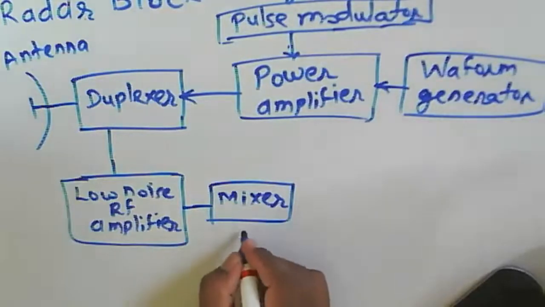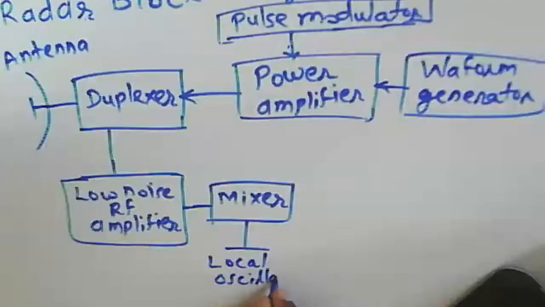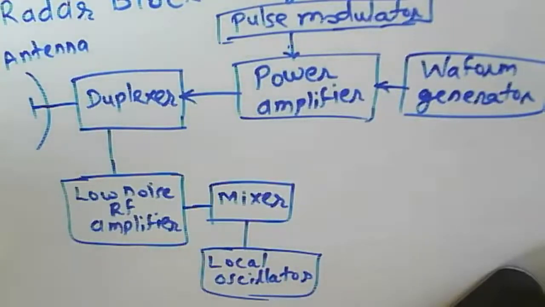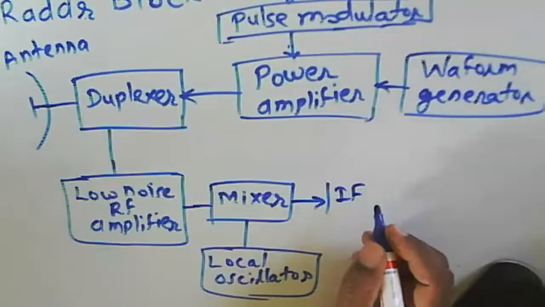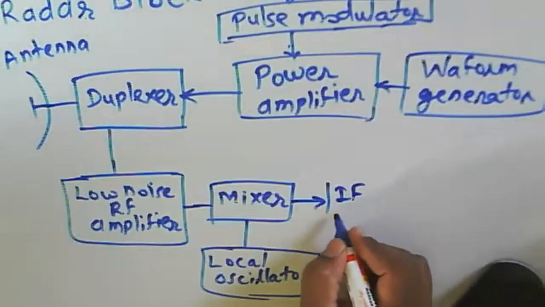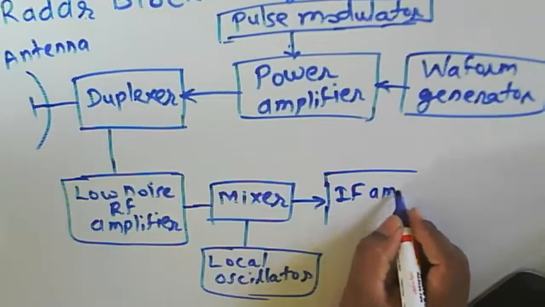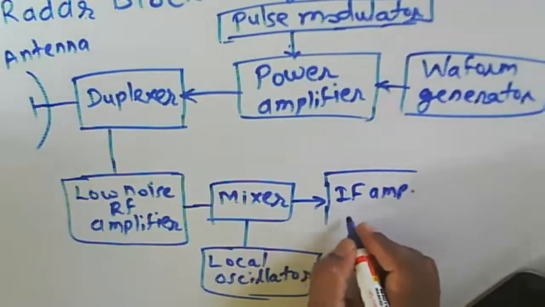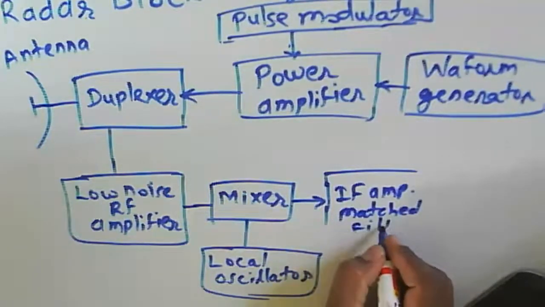With the mixer we consider a local oscillator, so that we can detect whichever signals we are receiving. Then we have the IF, the IF amplifier, and we consider a matched filter block.